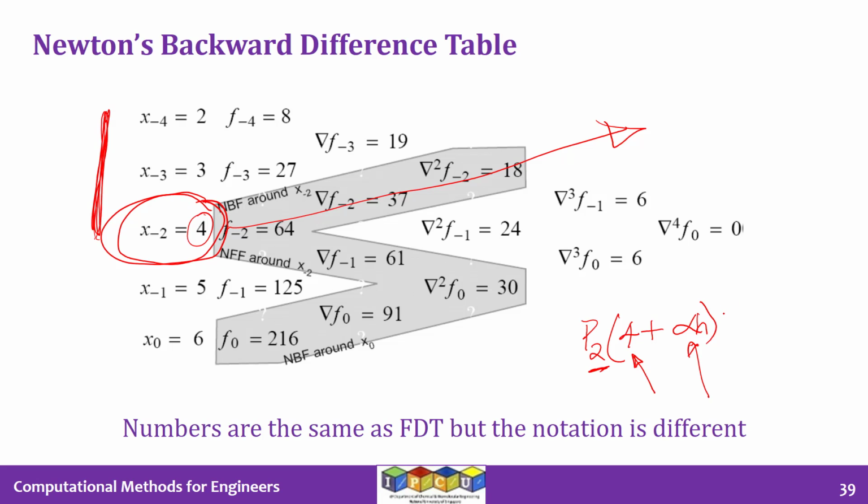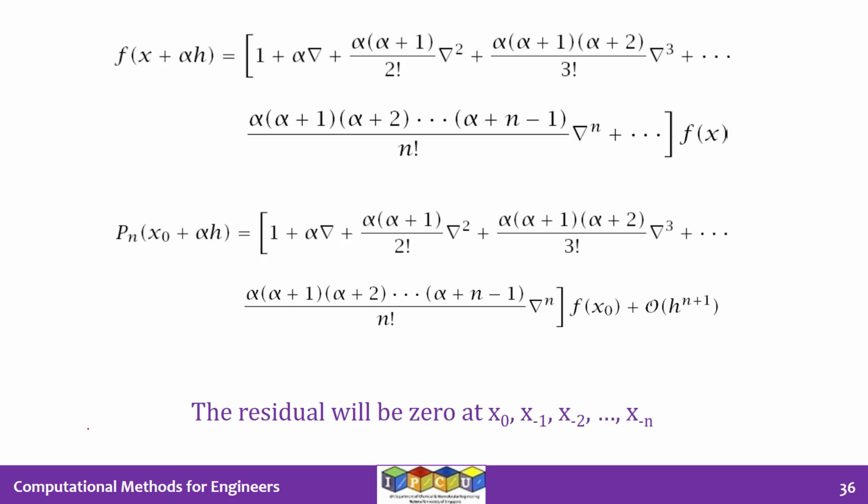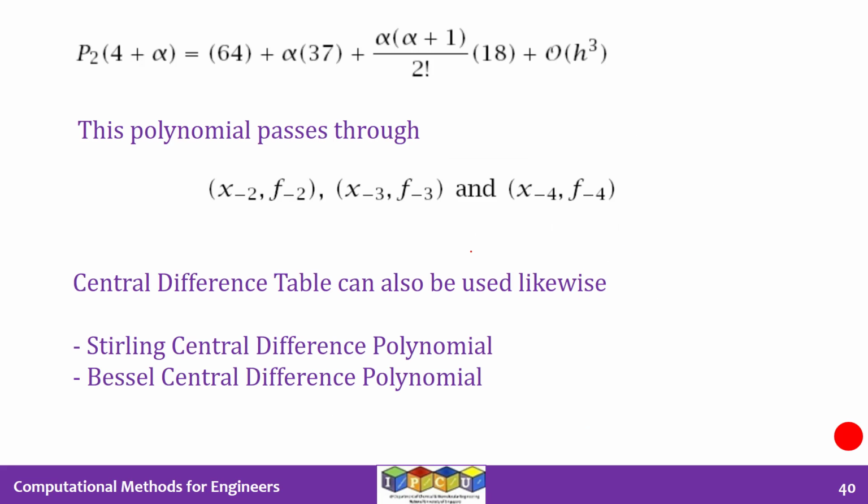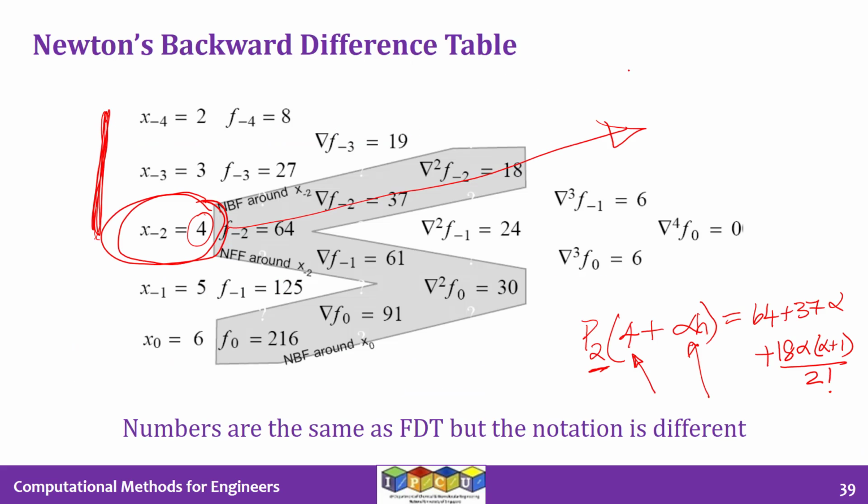Therefore, this would be the same as reading off from the table: 64 plus 37 alpha plus 18 times alpha into alpha plus 1 by 2 factorial. Remember, we have to use this formula because we have gone for backward differences, and that's what is given here.